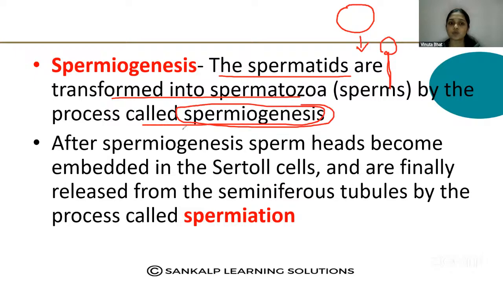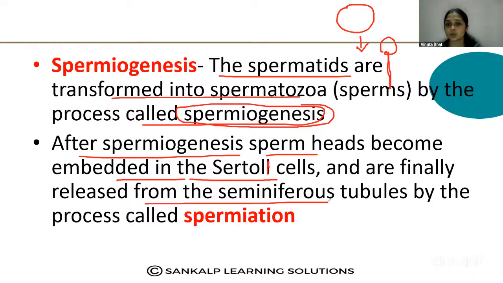After spermiogenesis, sperm heads become embedded in the Sertoli cells and finally are released from the seminiferous tubule. That is called spermiation. It is the process of release. You should know the difference between spermiogenesis and spermiation.